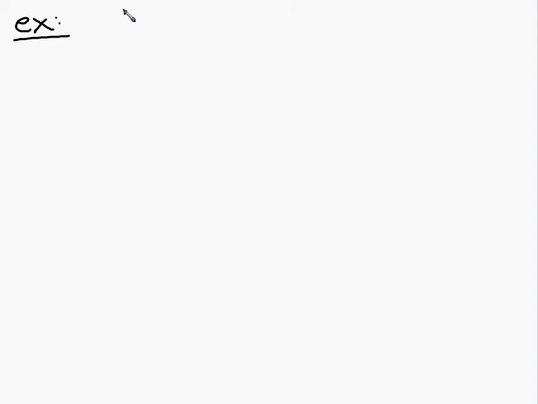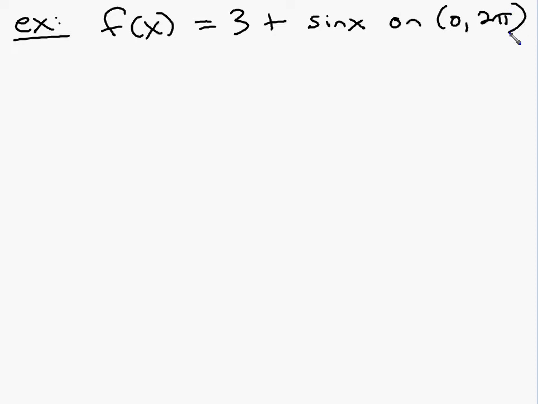Let's say that I had 3 plus sine of x on the interval 0 to 2 pi. Now, first off, let's just do a quick sketch of this function. Isn't this just the sine function moved up 3 units? 1, 2, 3. So instead of starting at 0, it's going to start at 3.